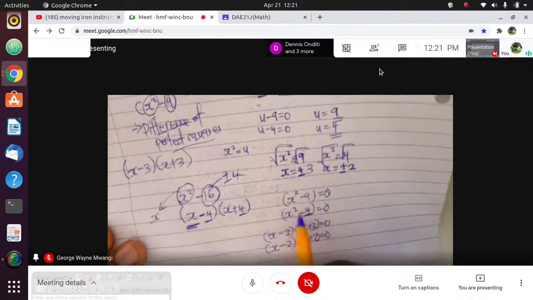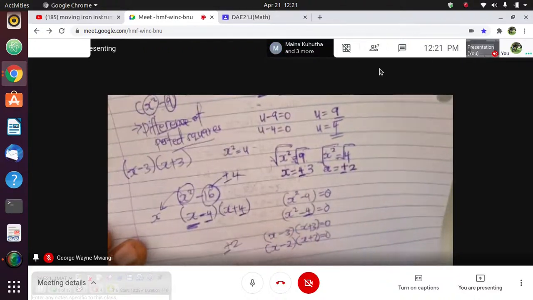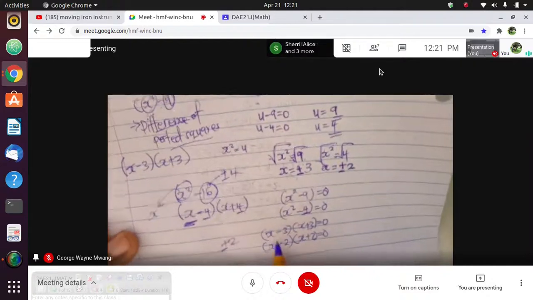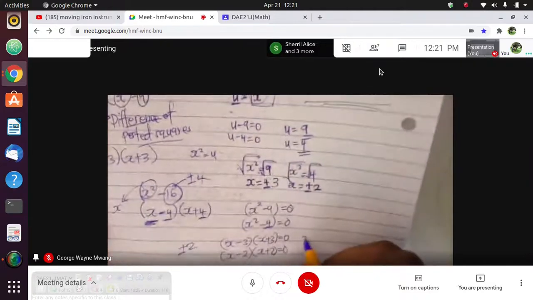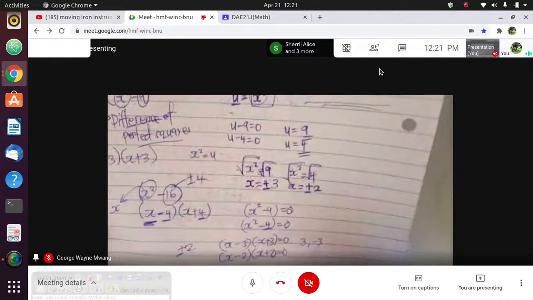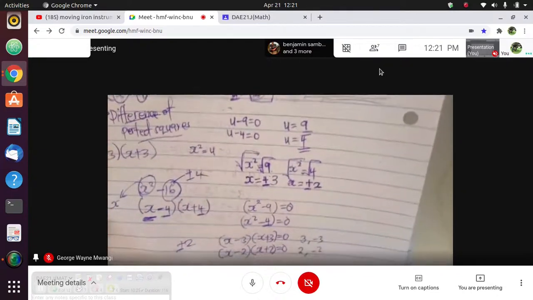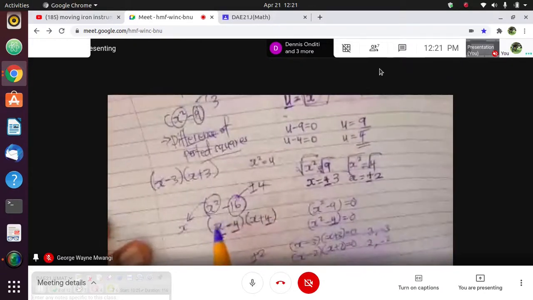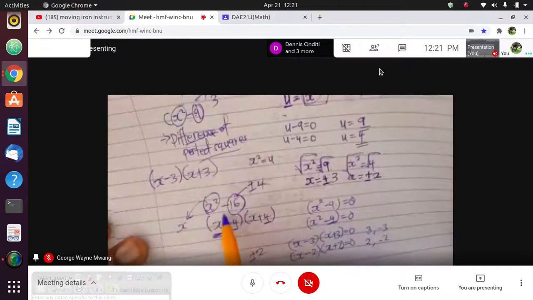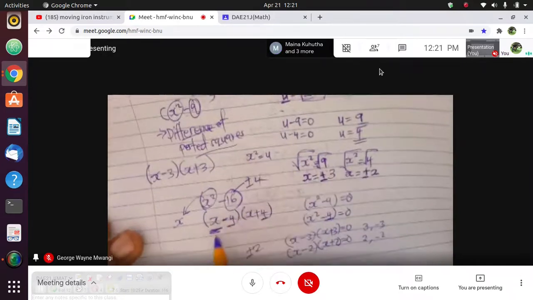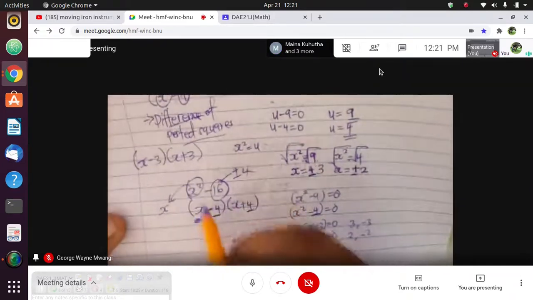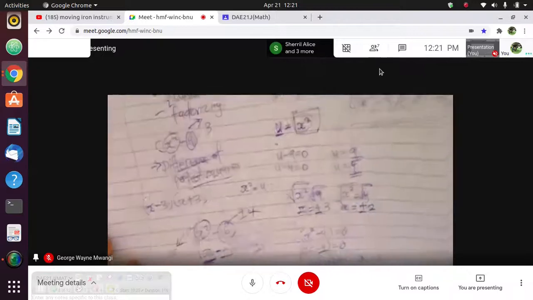When I find the square root of 4, inanipatia 2, plus or minus 2. So the answer of x here will be 3 or minus 3. The answer here of x will be 2 or minus 2. This is what we call difference of perfect squares. Here, x squared minus 16, x squared minus 4, x squared minus 9.